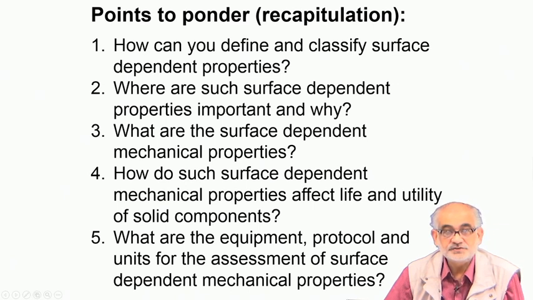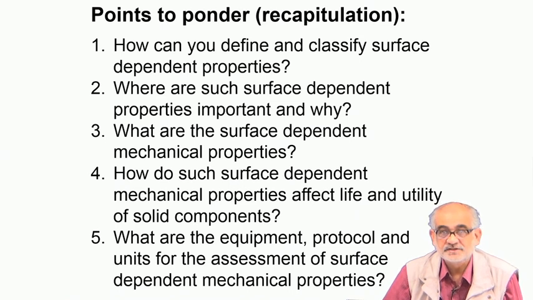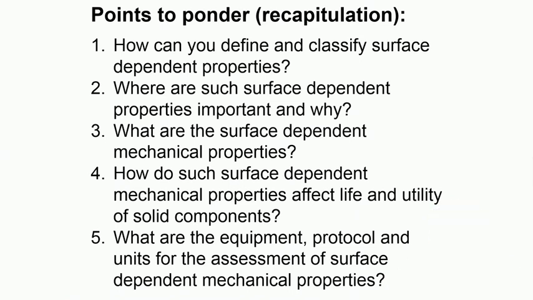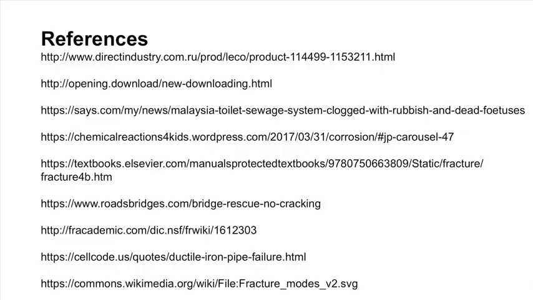And finally, we also need to understand that when we want to measure the hardness, what are the equipments available to us, what are the units of hardness, or for defining wear, what are the different types of wear, what machines do we use, and how do we express the kinetics of wear, or for example, friction, and so forth, so that these are assessed as a typical engineering property, which can be utilized for various design and applications.